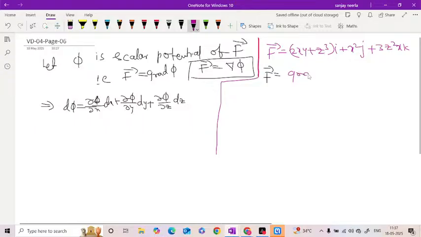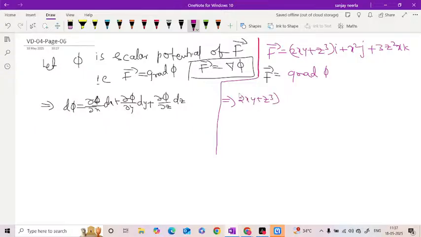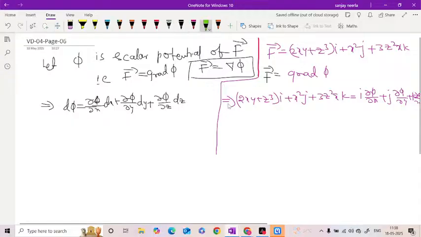So (2xy plus z cube) i plus x square j plus 3z square x k is equal to grad pi, so i into dou pi by dou x plus j into dou pi by dou y plus k into dou pi by dou z. Now after comparison, what will we get here?